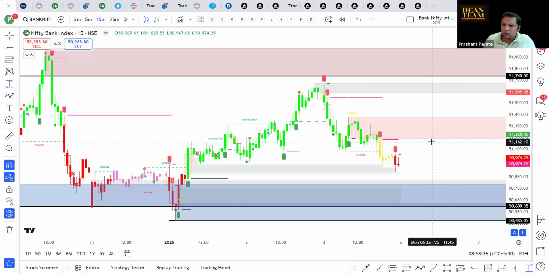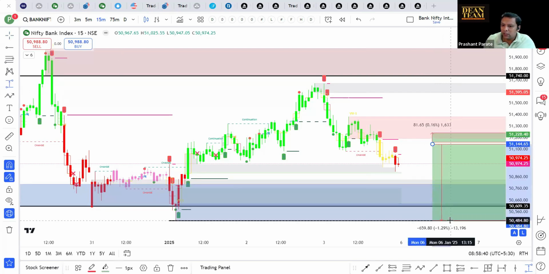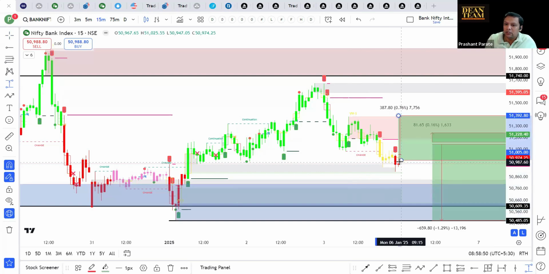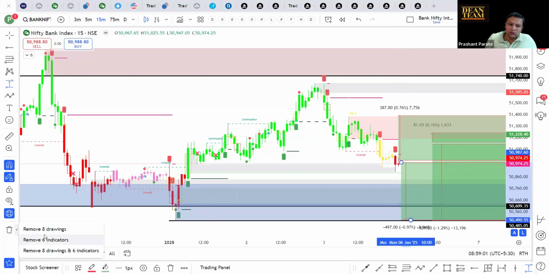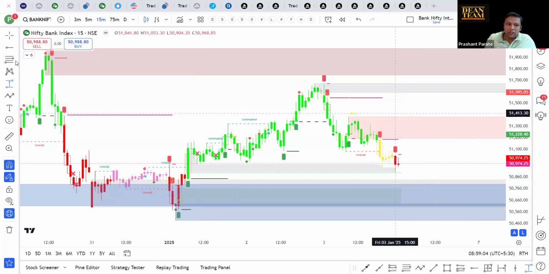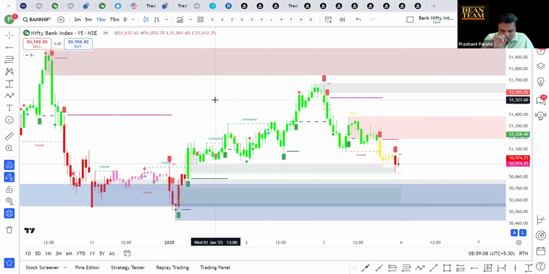And the 3 and 5 minute chart will give you a stop loss of something like 80 to 100 points, and if it is giving you a target of around 500 points, 600 points, it will be a good trade. But suppose it gives you a stop loss of, for example, 300 points, and the target is also 300 to 400 points, and you want to short here just to book the target at this level, then I would suggest not to do this, because the risk reward is not very big, and it will be against the higher time frame bias of the daily chart.